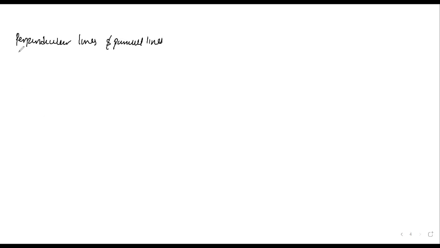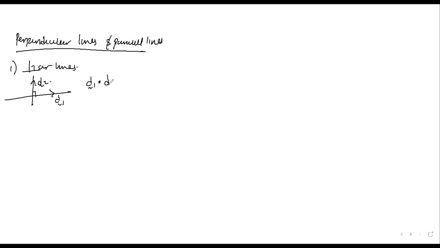If lines are perpendicular, then one will have a direction vector d1 perpendicular to another direction vector d2. So when you dot d1 and d2, you must get 0. Do you remember the condition for perpendicular vectors? When you dot the two vectors, you must get 0.